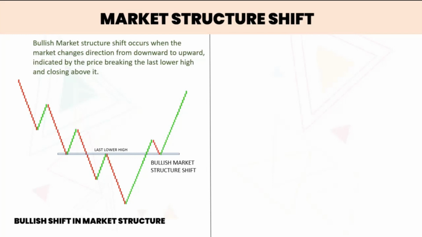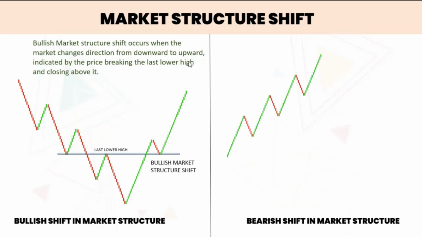So let me now look at a bearish shift in market structure. The market would have been trading upwards, as in this case, and then you consider the last higher low. This is the last higher low, like you also saw in the other one. So then what we're expecting is the market to come back down to break it below.